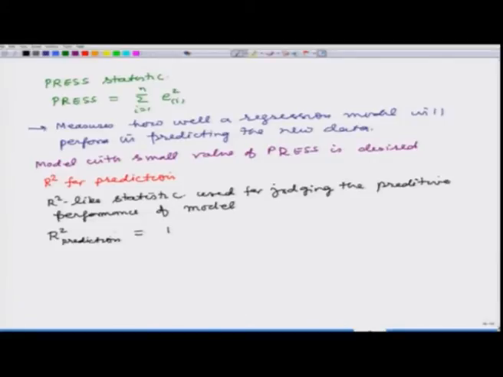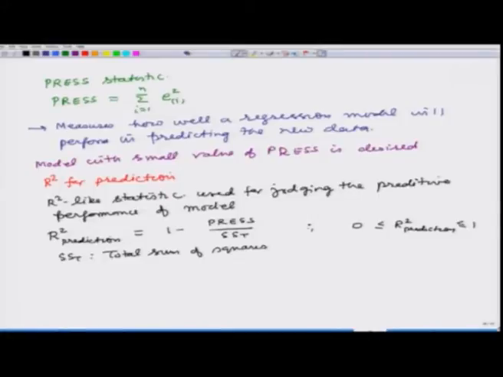This is equal to 1 minus PRESS divided by SST, where this SST is nothing but the total sum of squares which was obtained from the analysis of variance table. And this value of R square prediction also lies between 0 and 1.